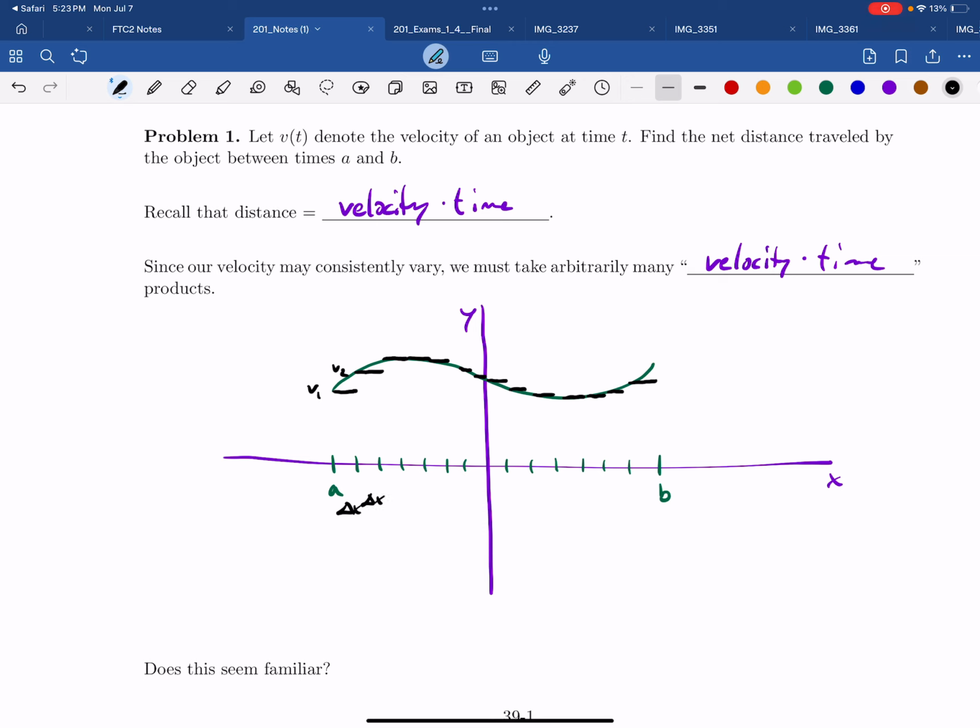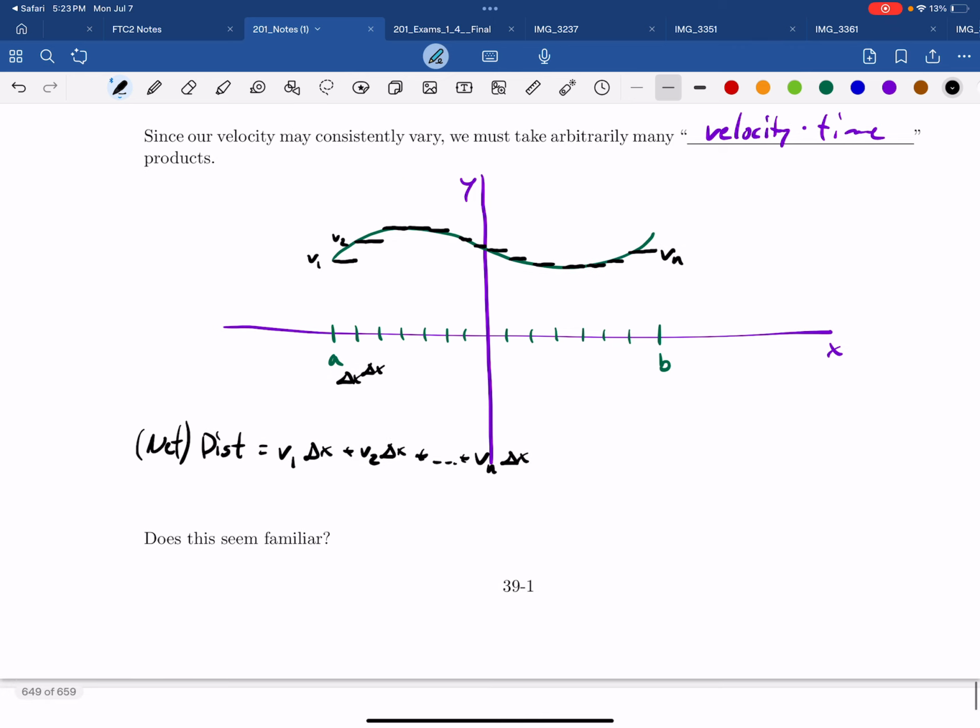That's the amount of time that's elapsed. So we could say that the total distance, or maybe I'll say the net distance, or displacement, equals v1 times delta x plus v2 times delta x plus and so on, plus vn delta x.